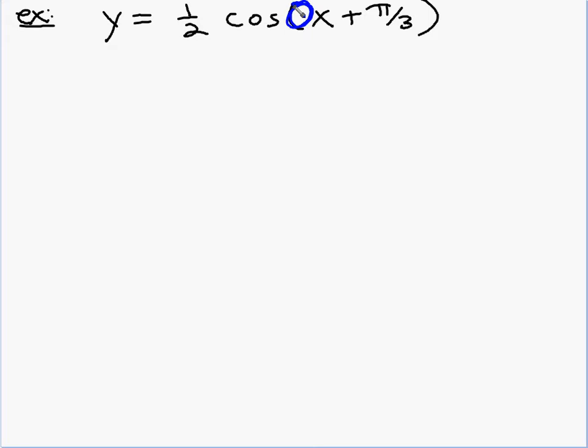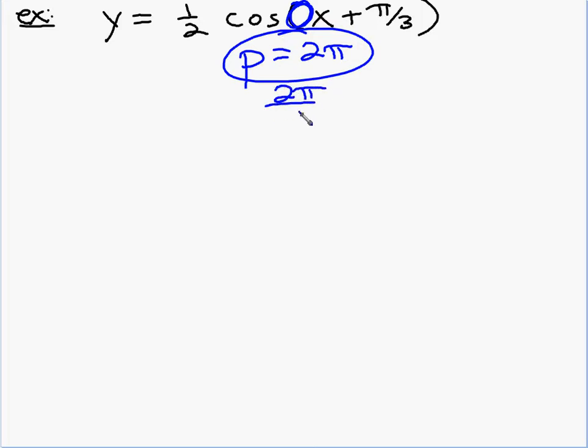I just know that the period is going to be 2 pi. If that number in front of x is 1, 2 pi divided by 1 is still 2 pi. So there's my period. That helps.